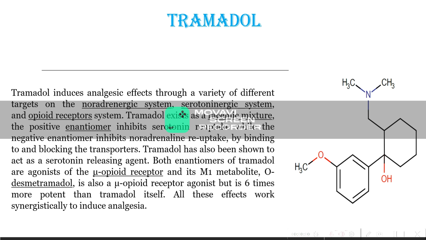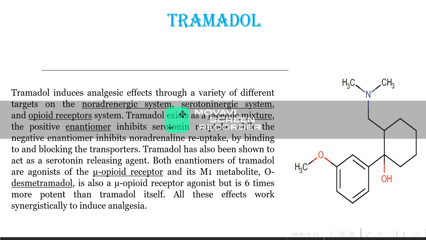Tramadol exists as a racemic mixture: the positive enantiomer inhibits serotonin reuptake, while the negative enantiomer inhibits noradrenaline reuptake by blocking the transporter. Tramadol has also been shown to act as a serotonin releasing agent.